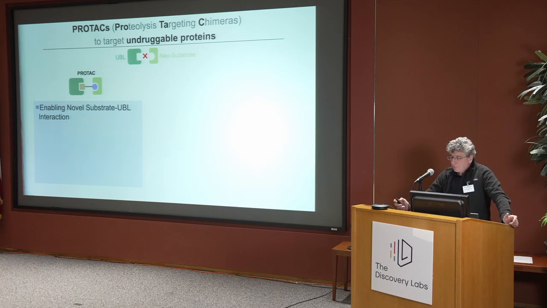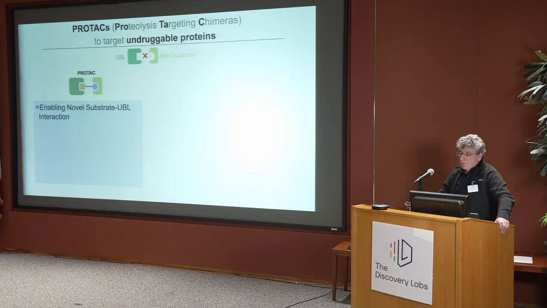And what they do is bring together a ubiquitin ligase with a substrate that normally in the cell doesn't bind that particular ubiquitin ligase. And it does it through a compound which is formed by two warheads, one binding the ubiquitin ligase, one the substrate, with a linker in between.